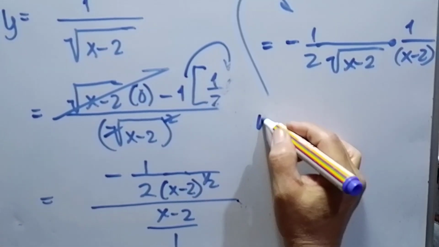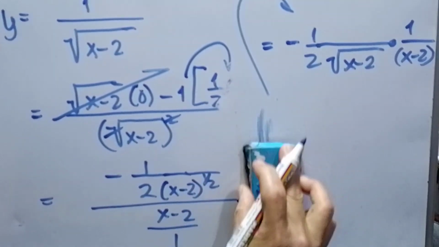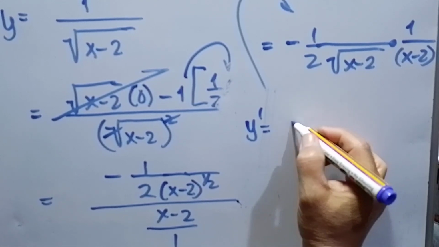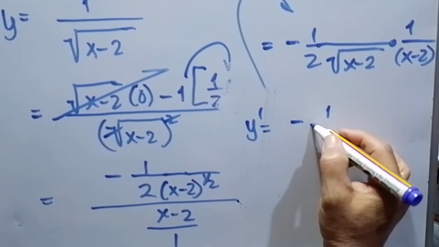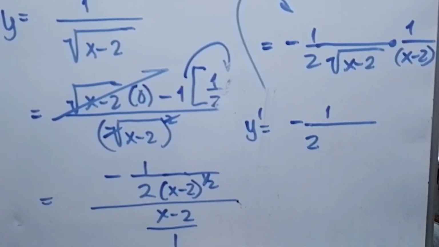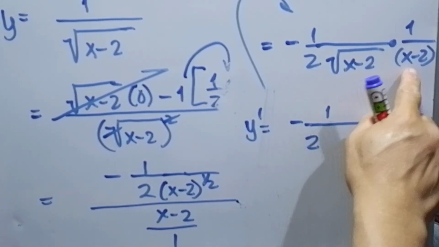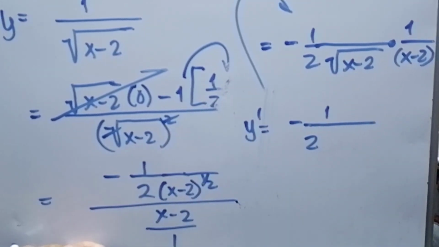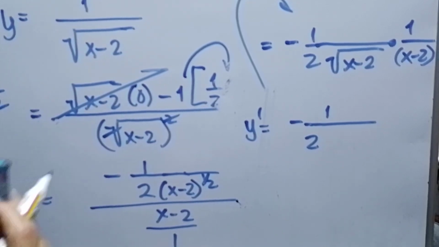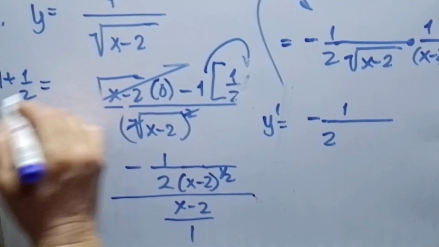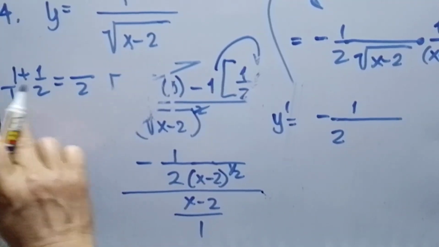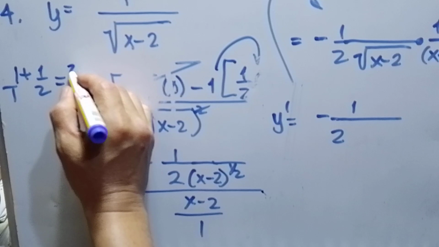So I can have y prime. y prime is equal to negative 1 over 2. Okay, add the exponent of the radical. This will be half plus 1, so 1 plus half. So the LCD will be 2. 2 divided by 1 is 2 times 1, that is 2.